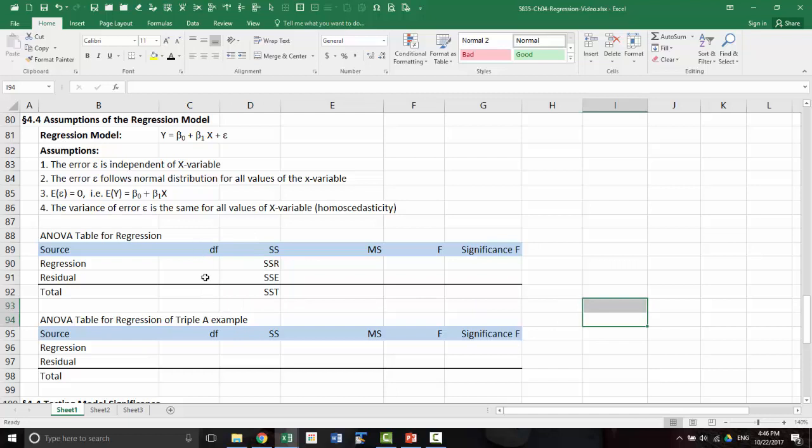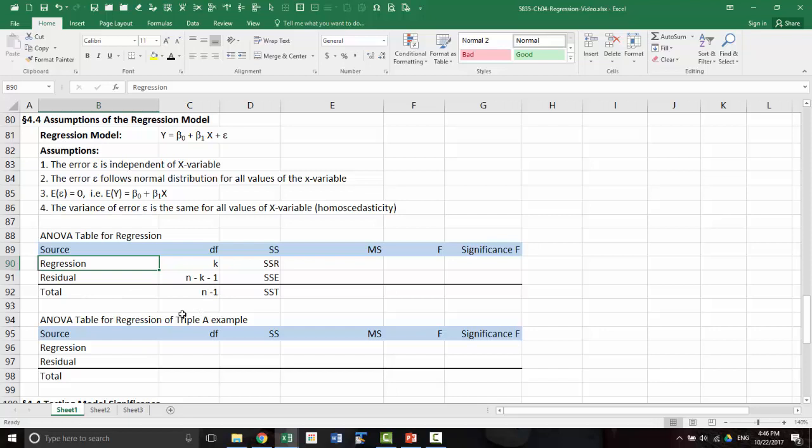Now the degrees of freedom for each of those sums of squares, for regression, it is k, where k stands for the number of x's. So in the case of simple regression, k is 1. For multiple regression, it will depend upon how many x's we have.